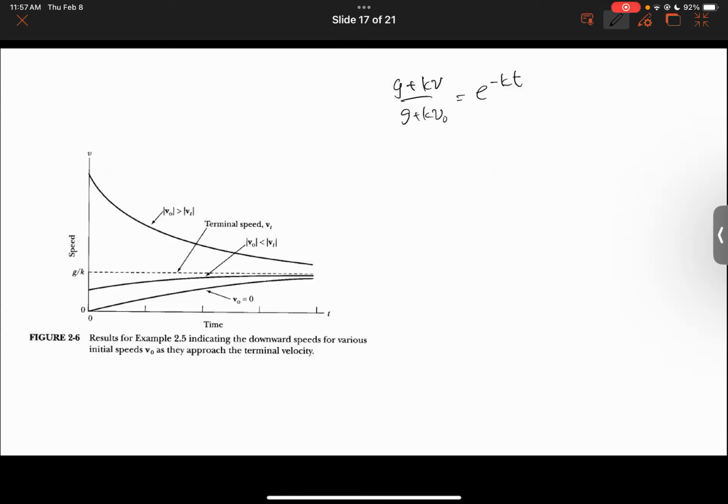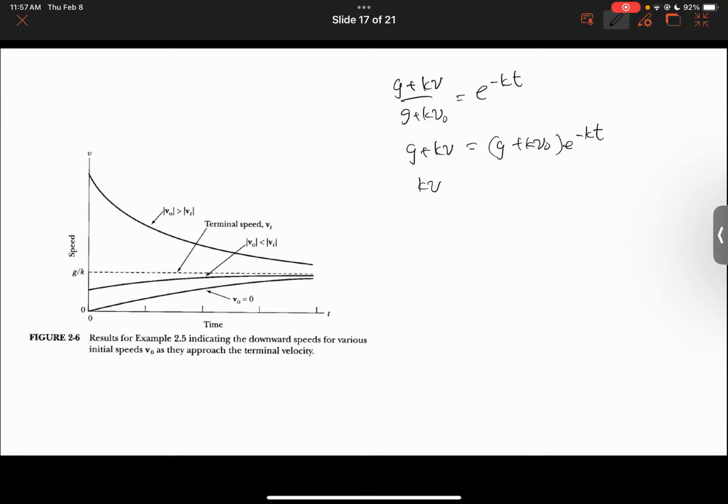Okay, g plus kv is equal to g plus kv naught exponential minus kt. Gusto natin i-isolate yung v. So first of all, ilipat muna natin yung g sa kabila, and then divide by k.